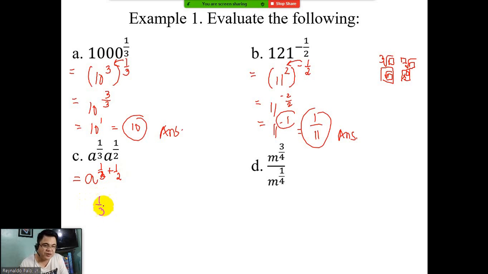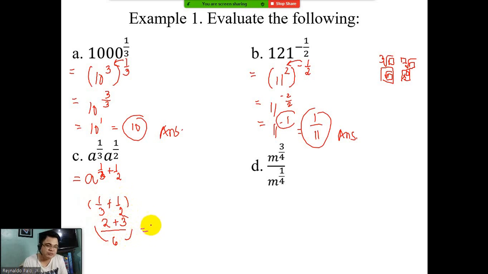Get the LCD, or the least common denominator. 3 times 2 is 6. Then 6 divided by 3 is 2, and 2 times 1 is 2. Then 6 divided by 2 is 3, and 3 times 1 is 3.